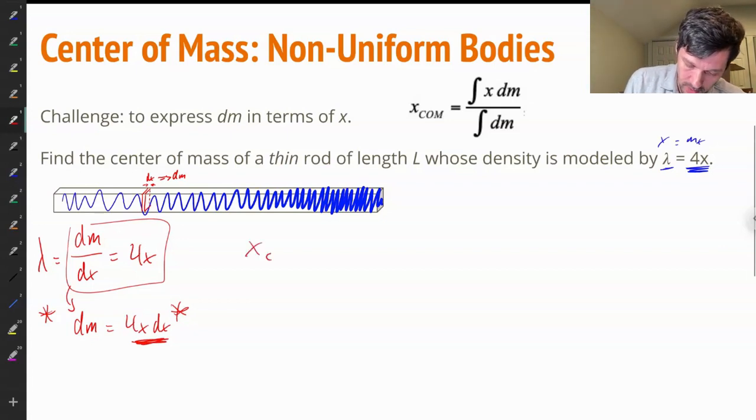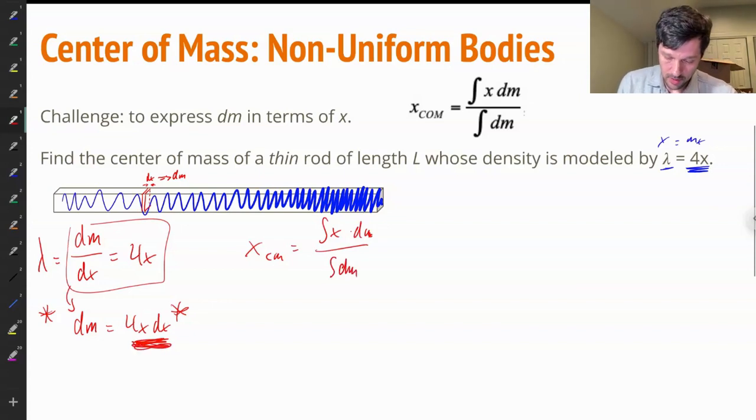So the center of mass is equal to the integral of x times dm over the integral of dm. But now we have an expression for dm. So that's going to be x times 4x dx.